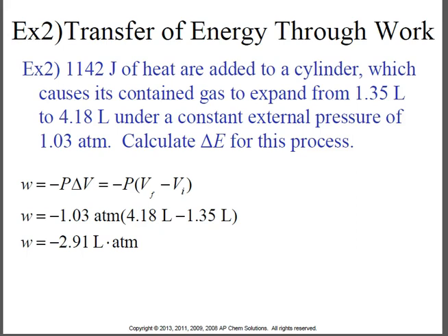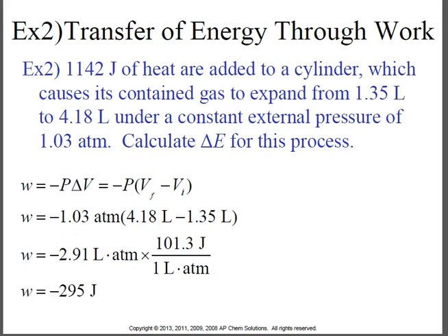So we multiply that work by that 101.3 joules. That's equal to 1 liter times atmospheres. So that'll convert, and that shows us that it's 295 joules of work were done by the system, so it's negative.